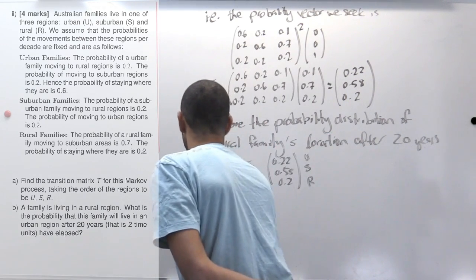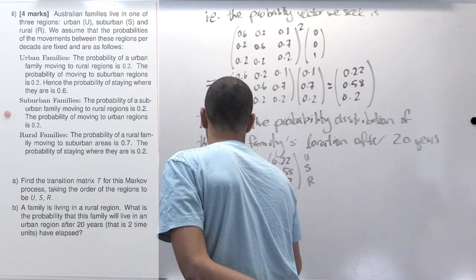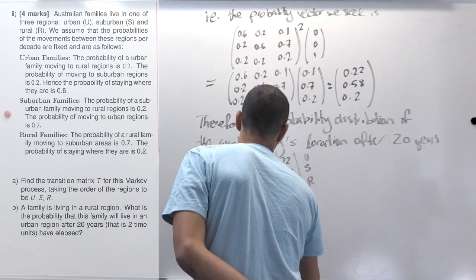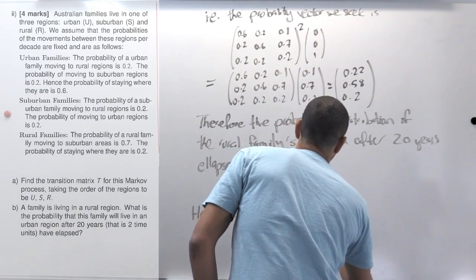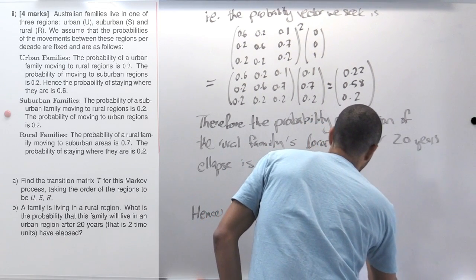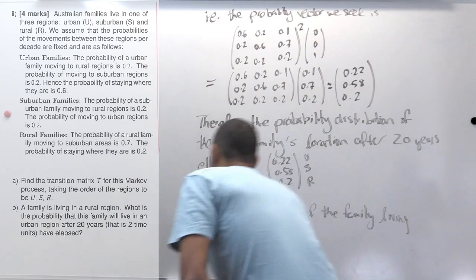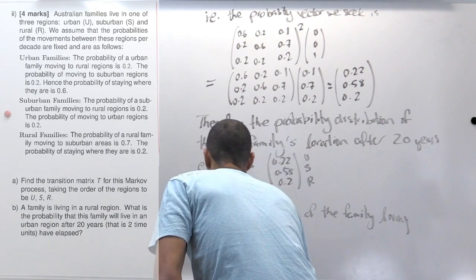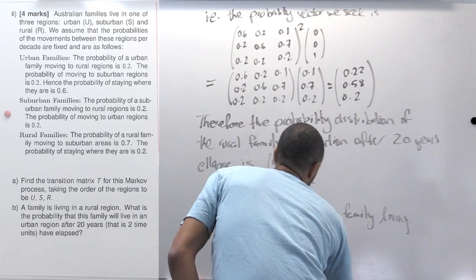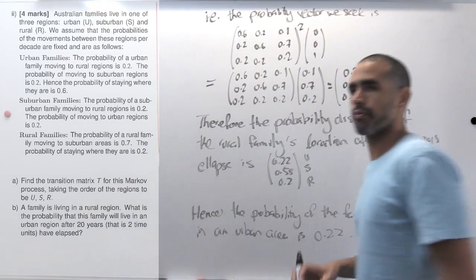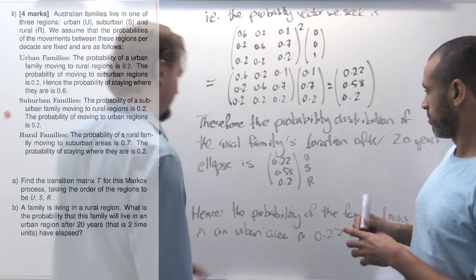Therefore, and hence, the probability of the family living in an urban area is 0.22. Right. Yeah, so that's exactly what they want.